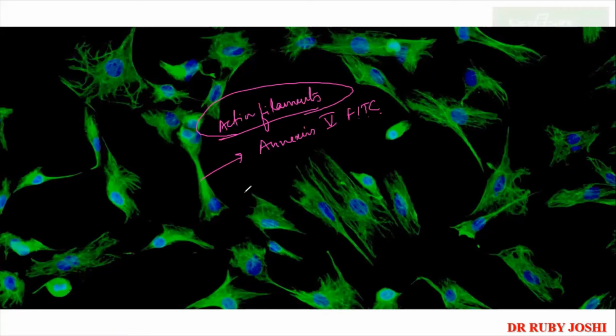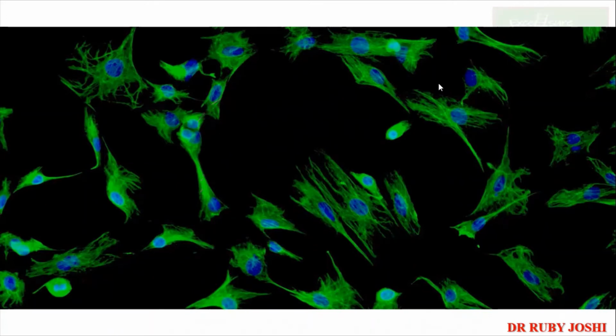If you want to label actin filaments, you can tag with the FITC conjugate. For the nucleus, it is always going to be DAPI because it stains your AT-rich regions. Again and again, I'm telling. Is that clear? So against the black background, you get all these beautifully fluorescing cells.